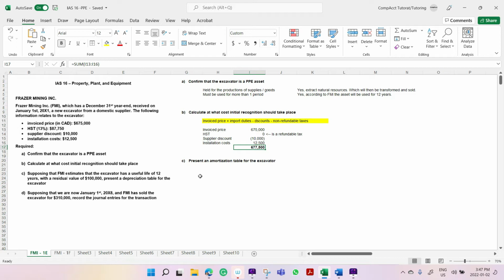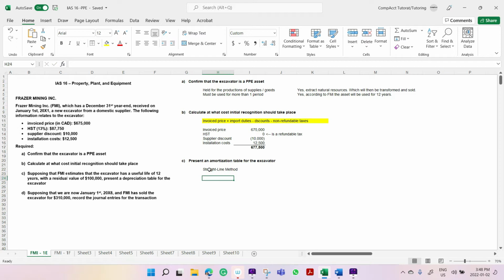Those two words you can interchange, no problem. So we'll do both methods. We'll do the straight line method, and we'll do the declining balance method.